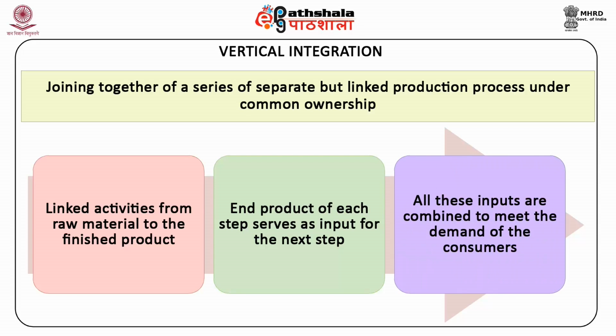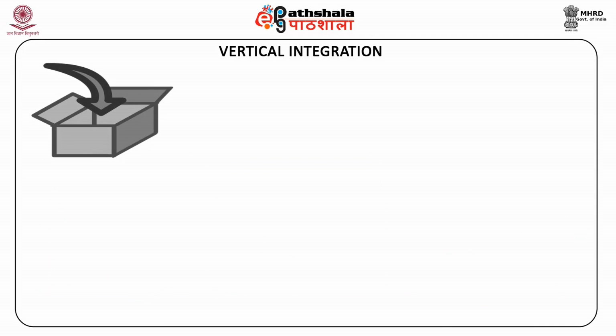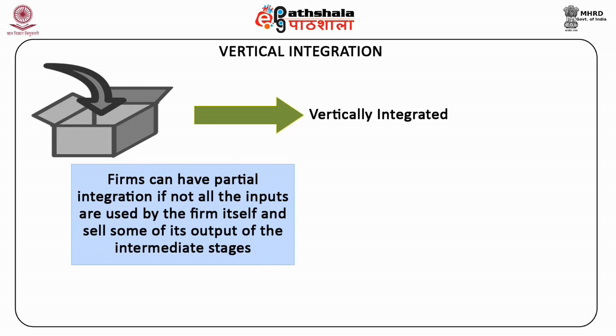Finally, all these inputs are combined to meet the demand of the consumers. In other words, if the firm decides to make all the inputs required on its own, it becomes vertically integrated. Firms may go for partial integration if not all the inputs are used by the firm itself, and it either sells some of its output of the intermediate stages or buys inputs at other stages.